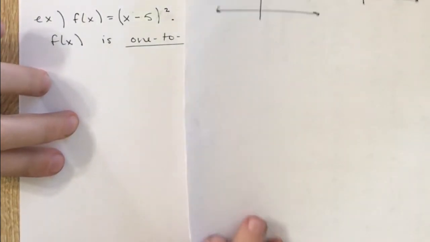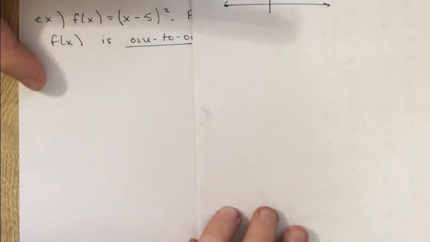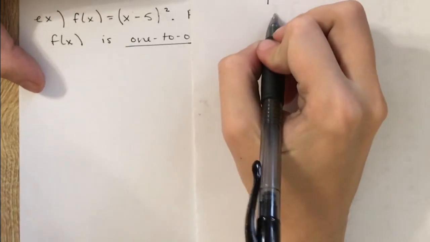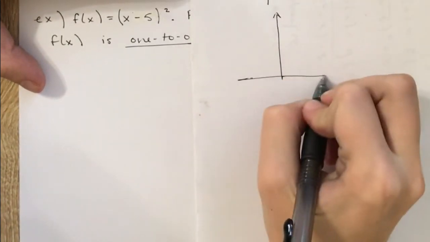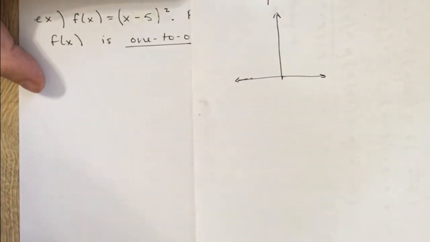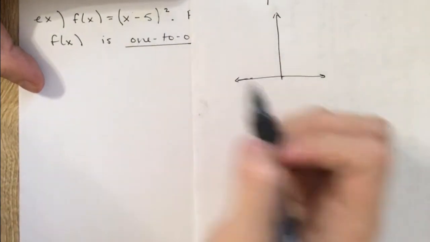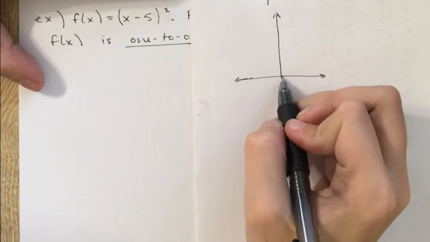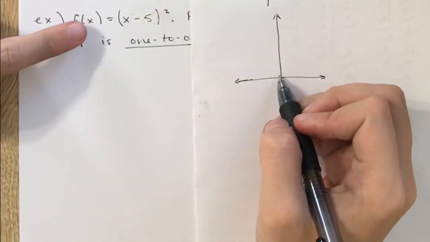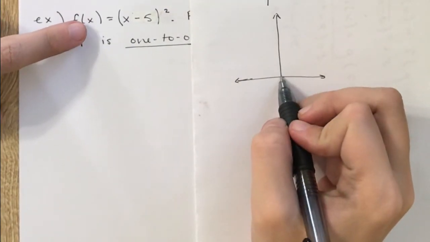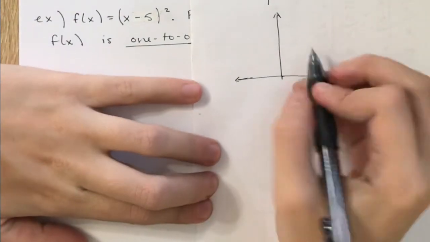Let's think about this. Our function this time is x minus 5 squared. So now we have negative 5 inside of the parentheses. Inside of the parentheses means horizontal, which means it's going to do kind of the opposite of what we think.